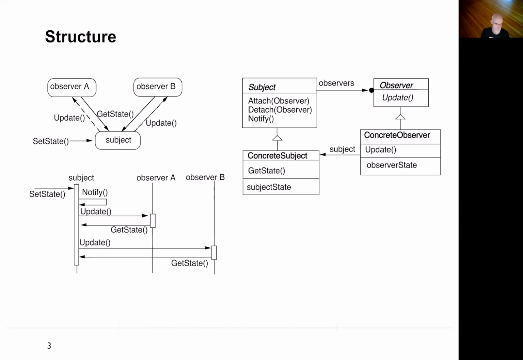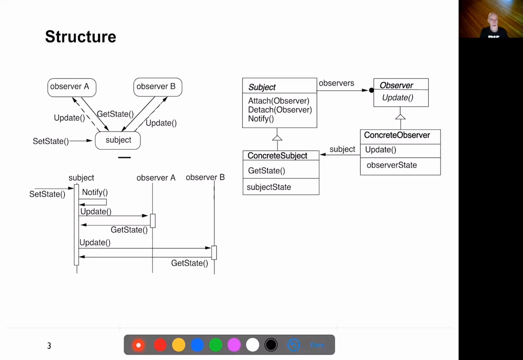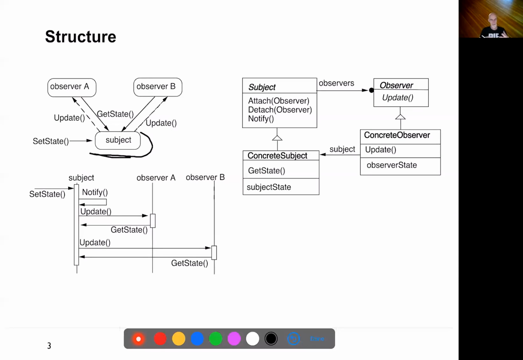So the basic idea is we have some subject that contains some data. And when we change that data, we trigger a broadcast mechanism, and we tell each one who has registered to observe us that I've changed, and then they get the new value from the subject, and do what's appropriate for that particular observer.